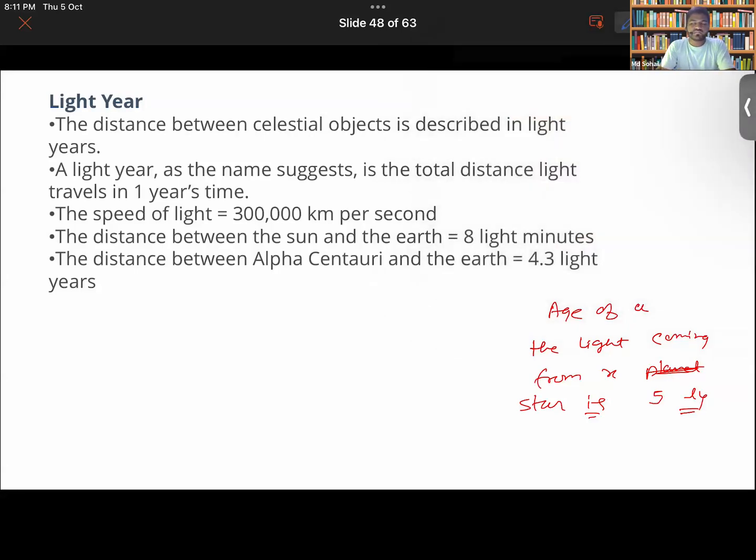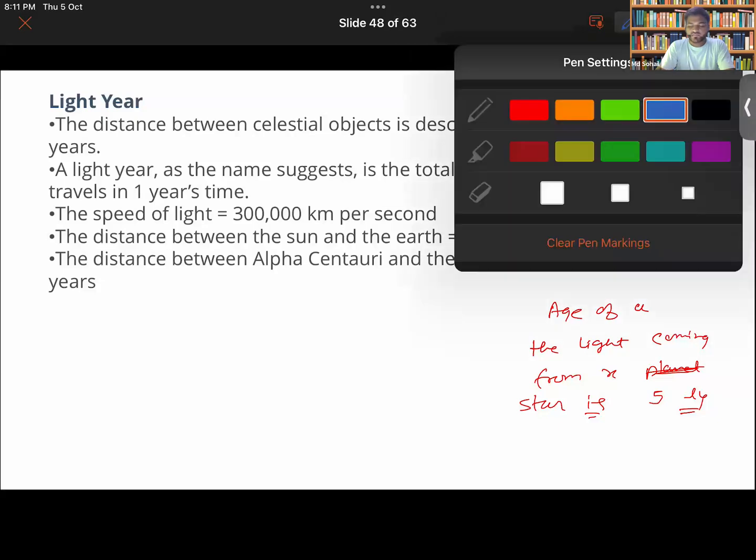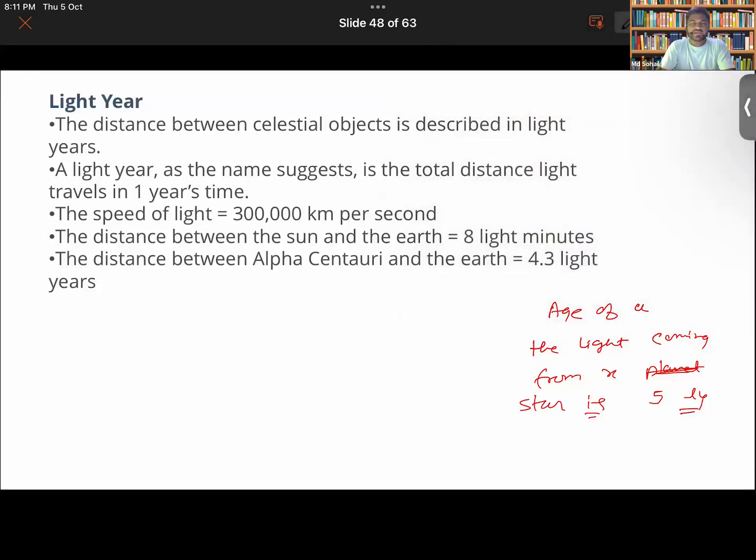So it takes 5 years for light to travel. No, 5 light years. Also, can you tell me, when does light start to travel? Sir, from the sun? From the sun.